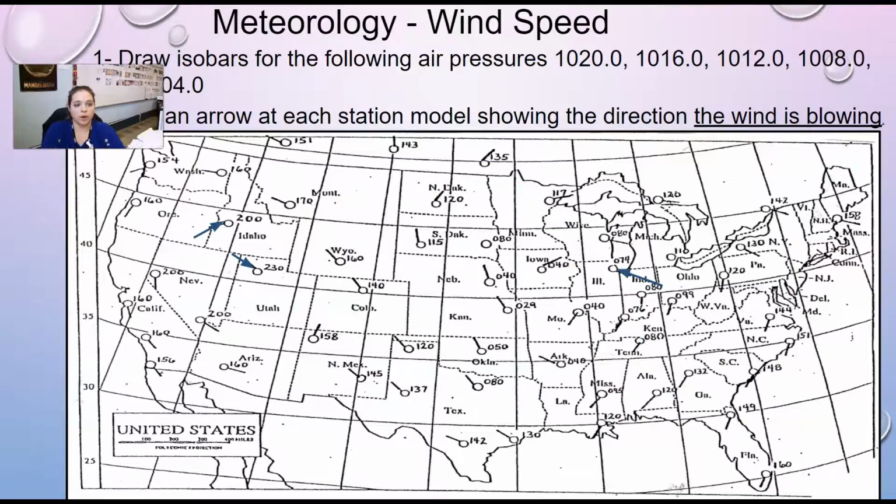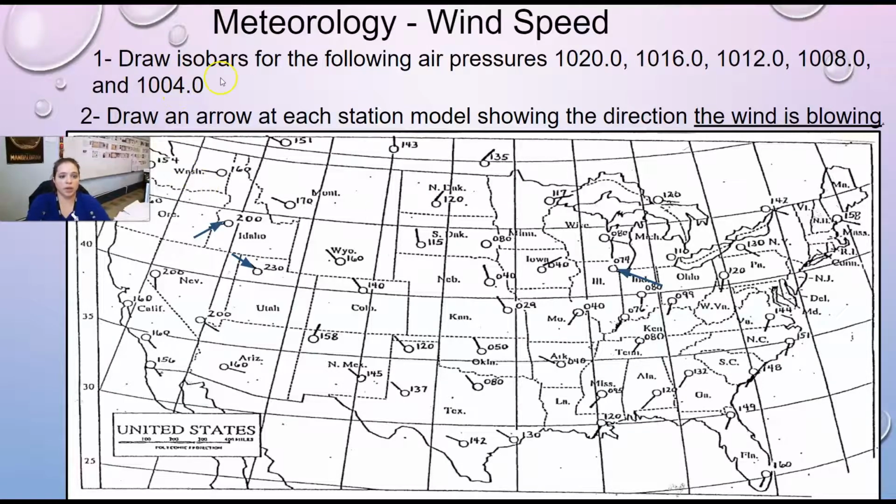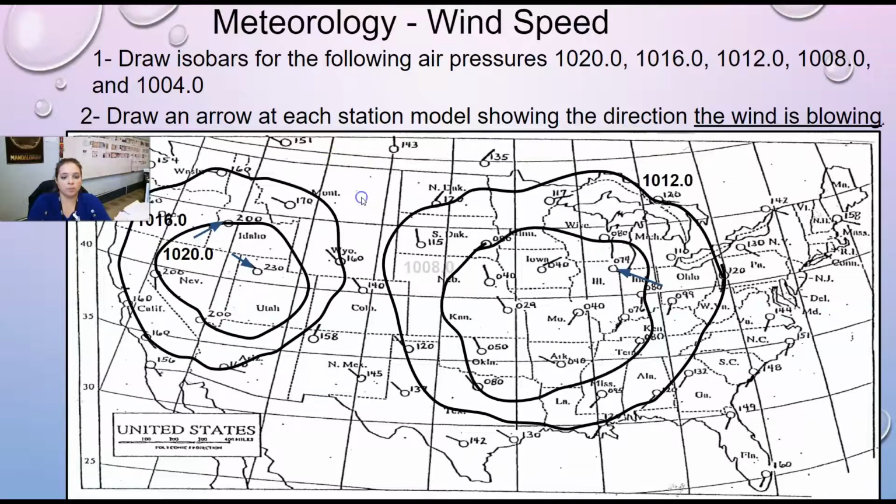Okay, so right here, what I could ask you to draw is isobars for the following lines: 1020, 1016, 1012, 1008, and 1004. Remember, 4 millibars is the difference. So I'm going to draw them and label them. You'll notice they look like circles, and that's okay.